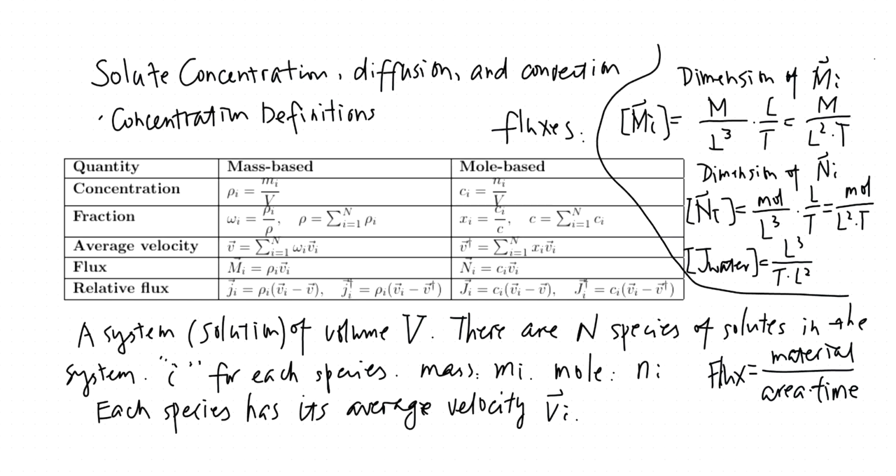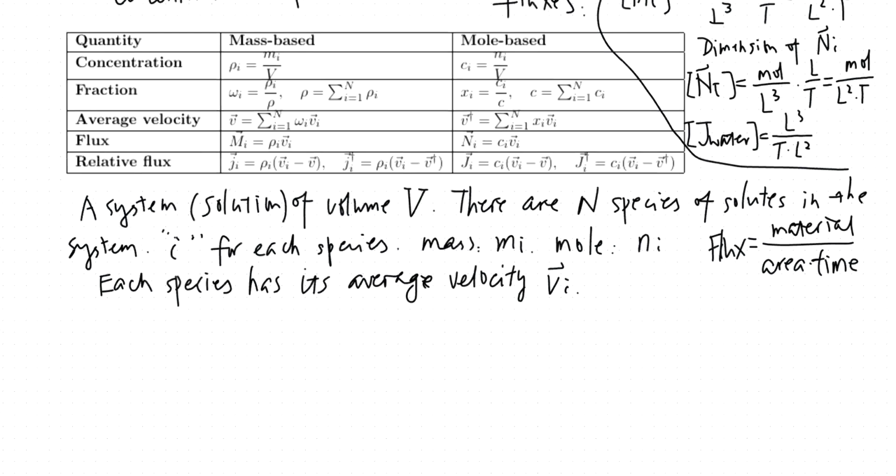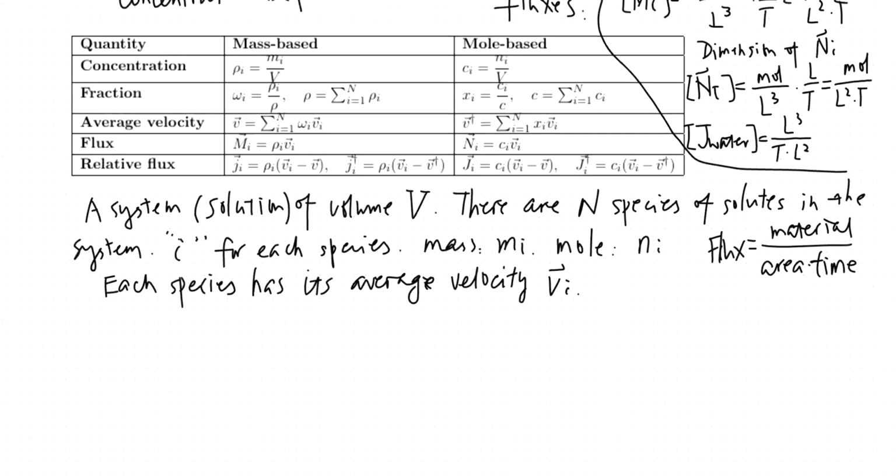Okay, this is a side note. Now we have figured out the flux, the average velocity, the fraction, and the concentration. Let's look at the relative flux. The relative fluxes are defined as the velocity of each species with respect to the average velocity. Let's look at the expression for the mass-based relative flux.